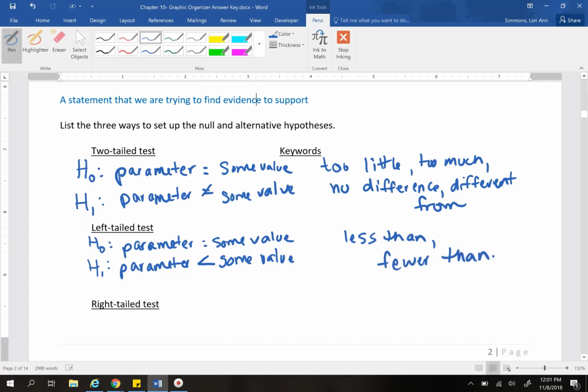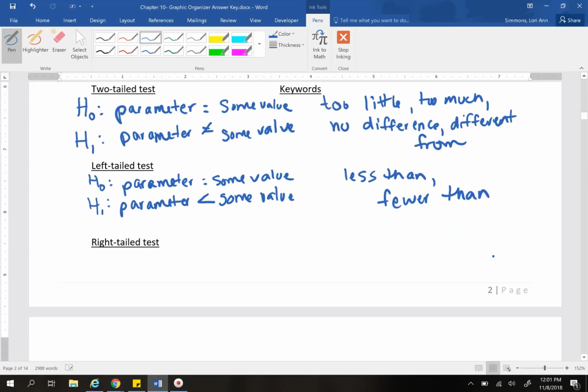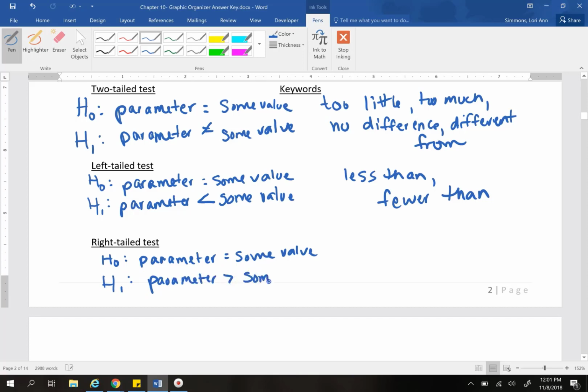And then we have a right tail. So we have our null, again a parameter, is equal to some value. Our alternative hypothesis is our parameter greater than some value.